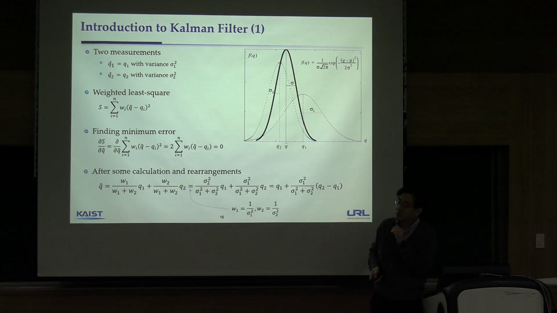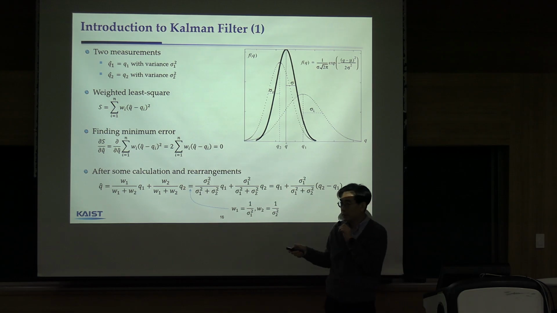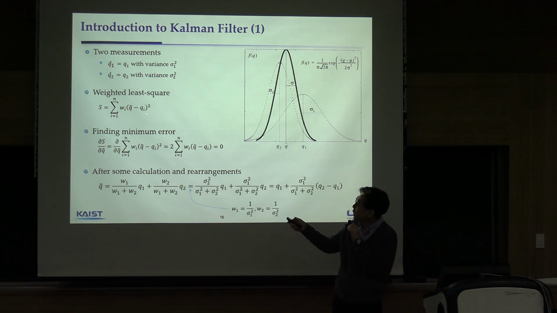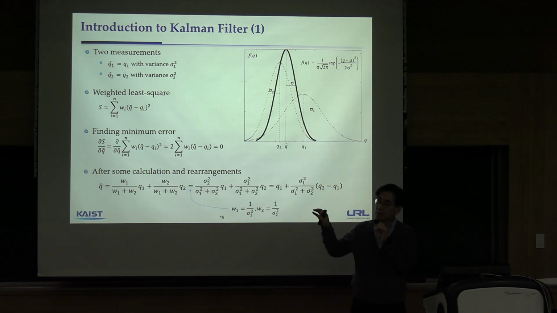We have the weighted least square method to find the most optimal one. Wi is the weight, and we take Q hat minus Qi squared and sum them over, and this is defined as the error metric. We want to minimize this error. How to do that?